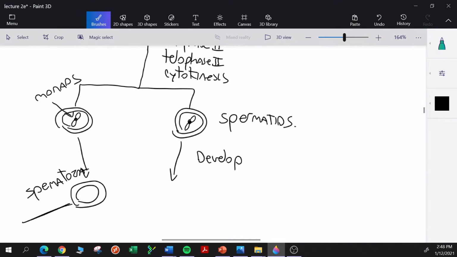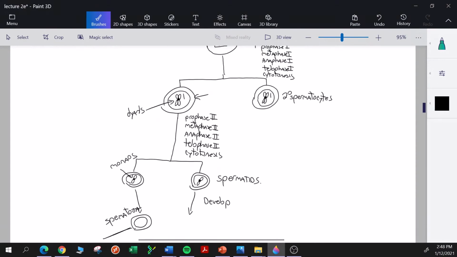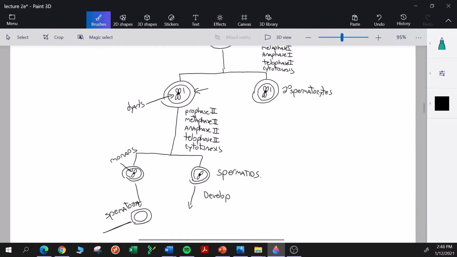So let me zoom out a little bit. We only see 2 spermatids here. Each one is giving rise to a spermatozoa, or I think it's called spermatozoon. Technically, this is the singular form. So this one is going to undergo meiosis 2 also.